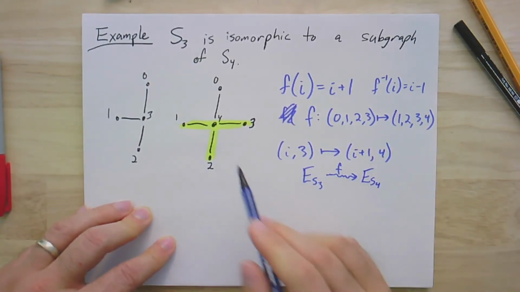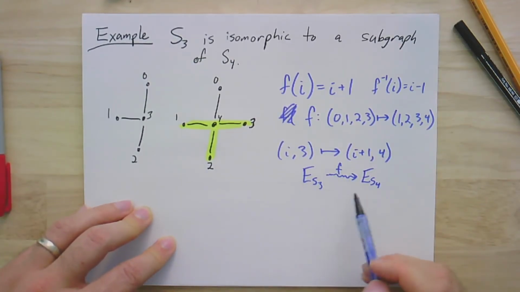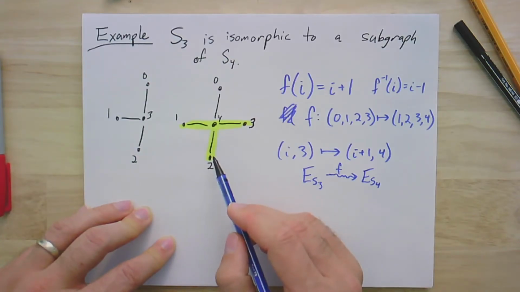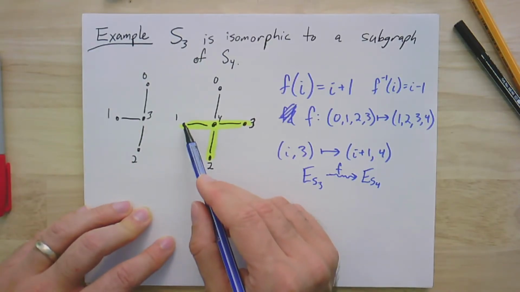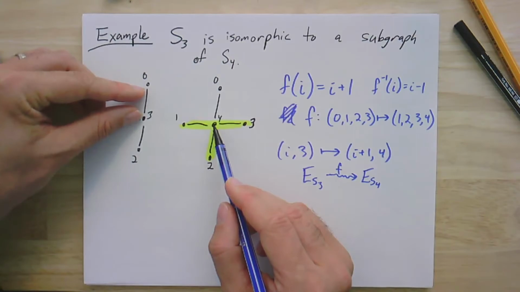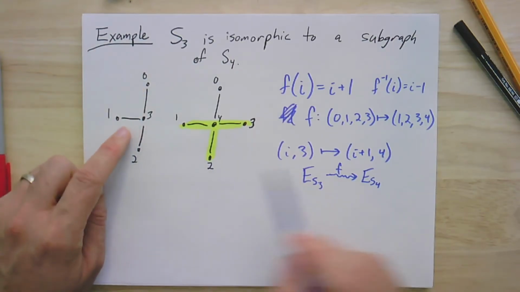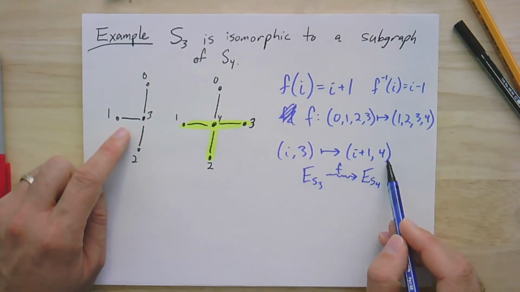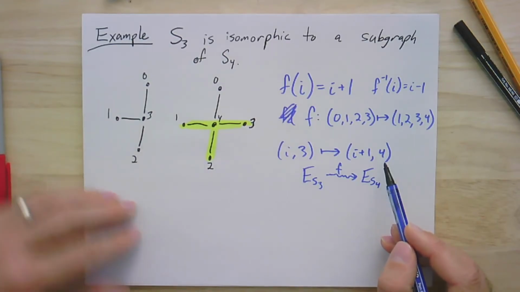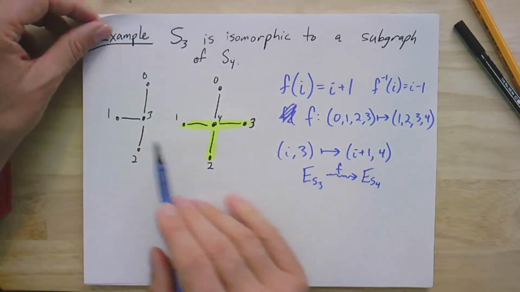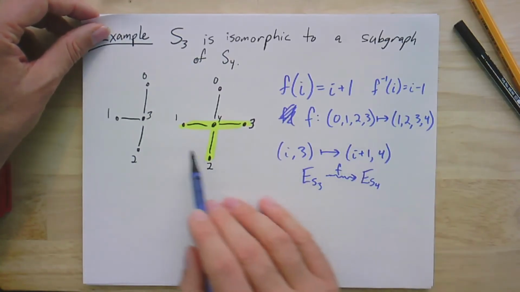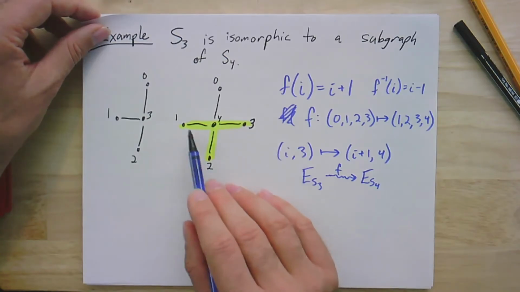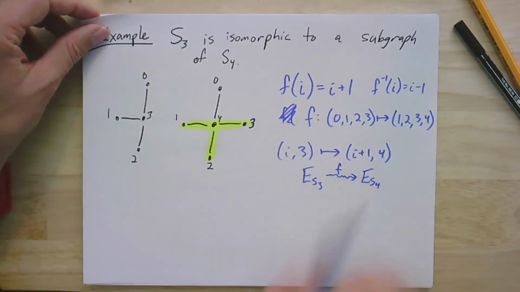And now we also have to check that if there's an edge over here in this isomorphic subgraph, that it's also present here. And that's also not so hard to check. We could just check that 1, 4 is here. In fact, we could have just checked that this mapping here is surjective, and therefore we know it's injective because f is injective, and it's also surjective, so in some sense it gives us a bijection on the edges.